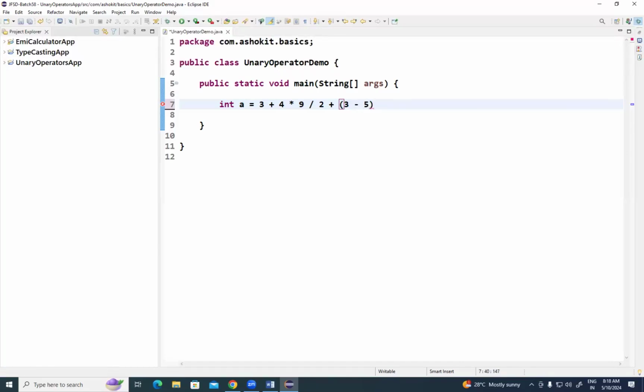Could you tell me what's the output of this now? System.out.println of a. Could you tell me what's the output of this? 3 plus 4 multiplied by 9 divided by 2 plus 3 minus 5.